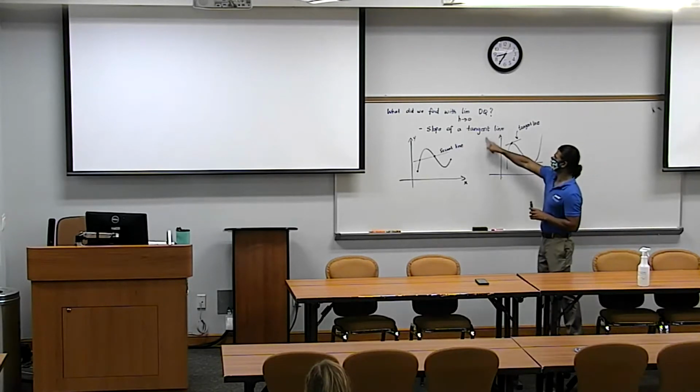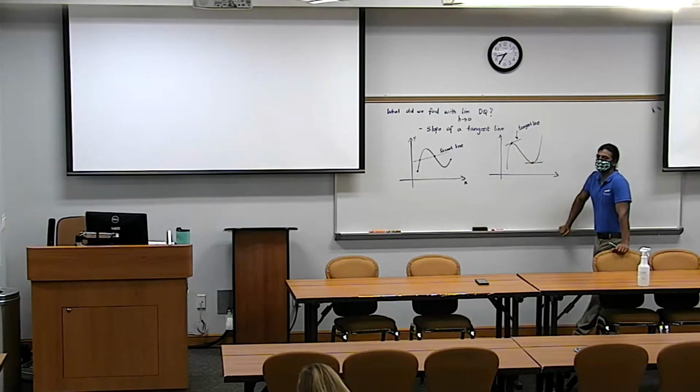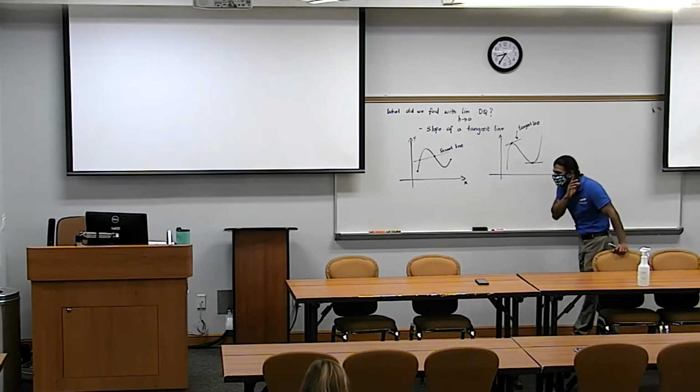What else did the limit as h approaches 0 of the difference quotient give us? Slope of a tangent line. Huh? Equation?